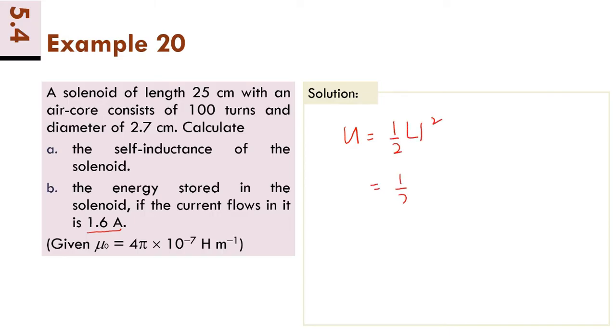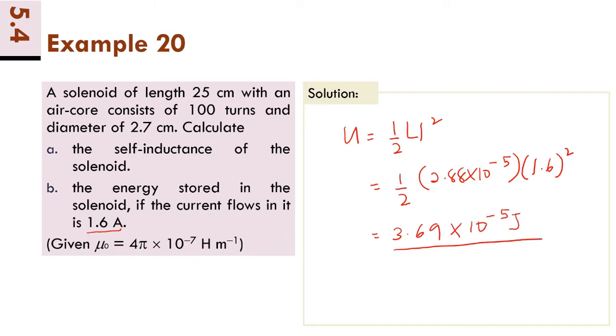So 1 over 2 times self-inductance 2.88 times 10 negative 5, and then I is given 1.6 squared. So the final answer is 3.69 times 10 negative 5 joule. This question is direct to the point, just substitute the values and calculate, then we get the answer.